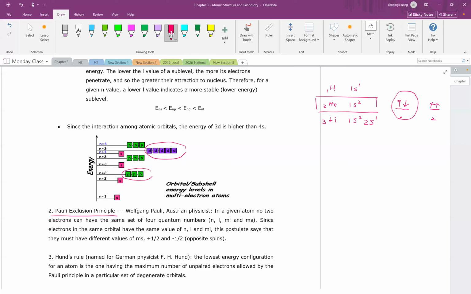The Pauli exclusion principle says that in a given atom, no 2 electrons have the same set of four quantum numbers. Since in the same orbital, n, l, and ml are the same, in other words, ms should be different.